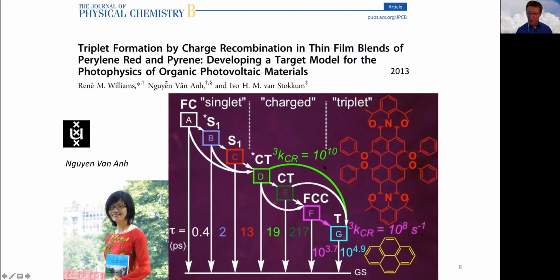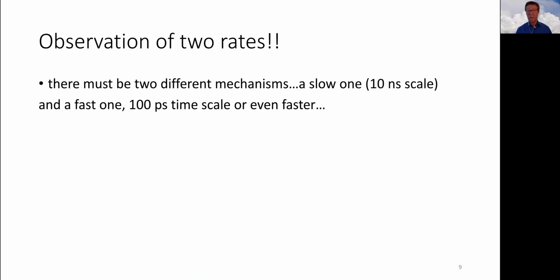So sub-nanosecond and multi-nanoseconds. So in film, we saw that charges were recombining onto a triplet state, and it was occurring with a fast process as well as a slow process. So, well, it could very well be, was our interpretation, that there could be two mechanisms.